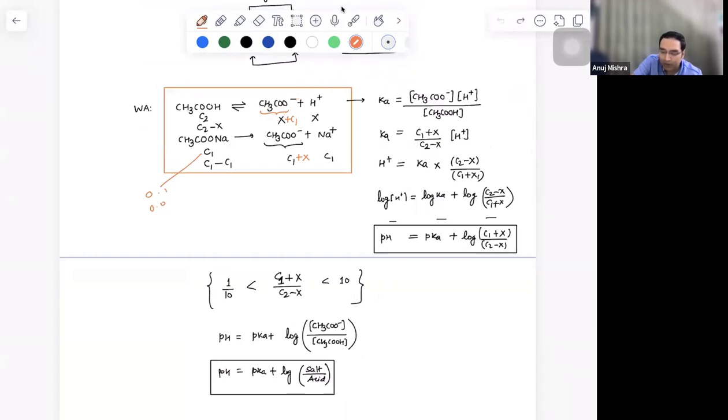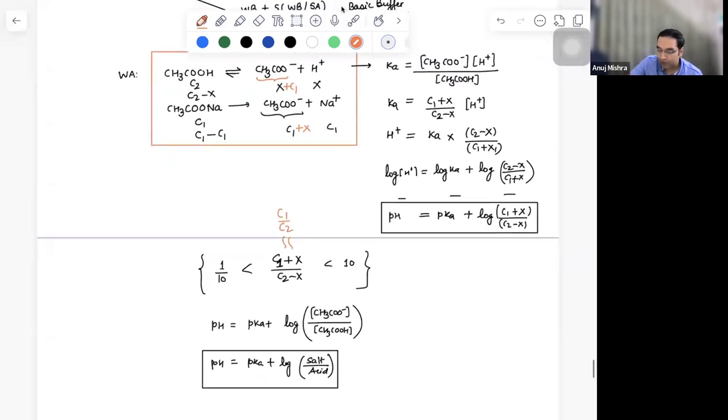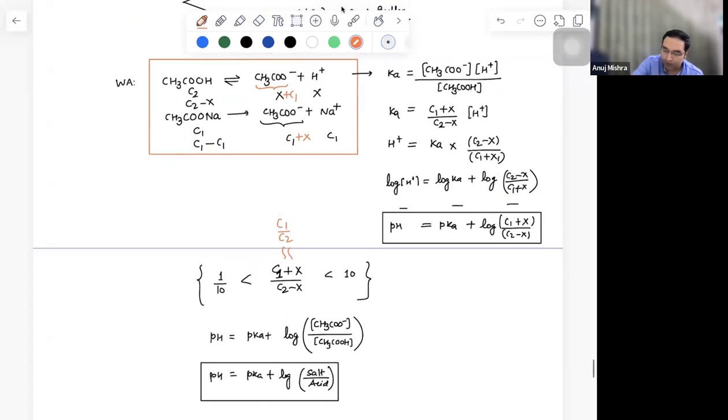So can we say this x in front of this value is almost negligibly small, and this is almost C1 upon C2. So initial values we can take directly in place of C1 plus x upon C2 minus x. Please note down this derivation. Complete this derivation. Okay. This is called Henderson equation for buffer solution.